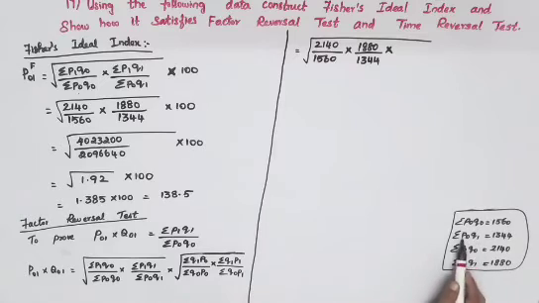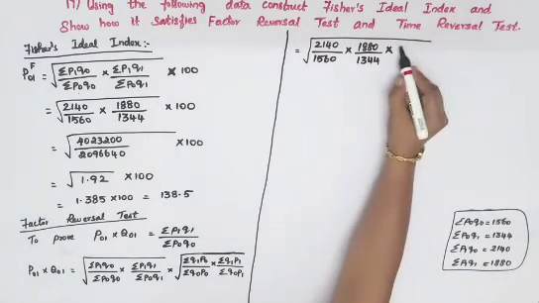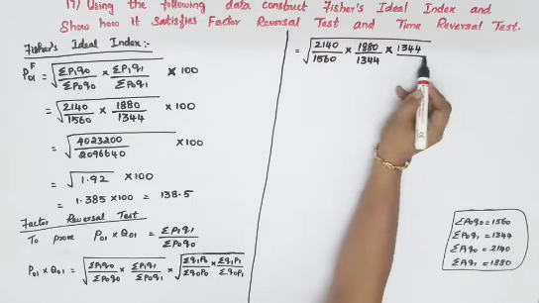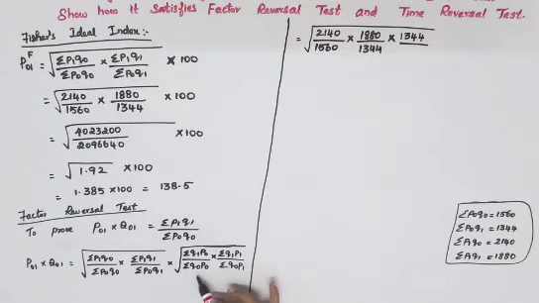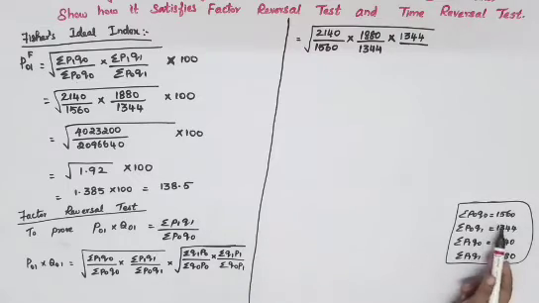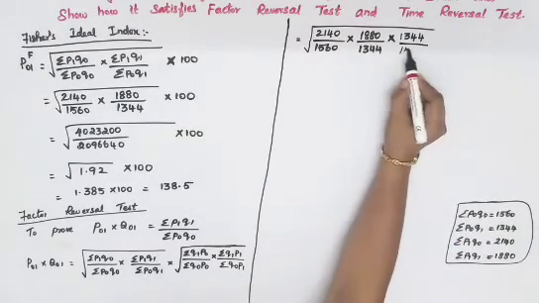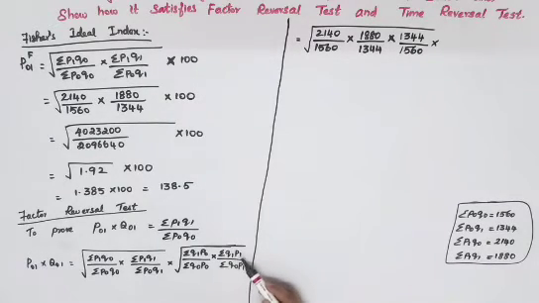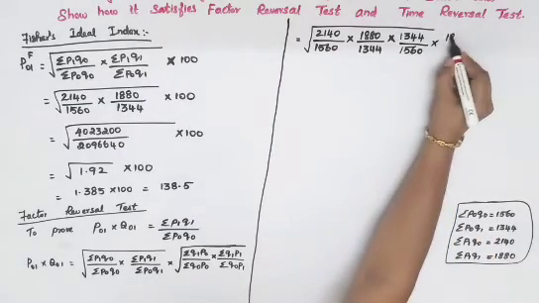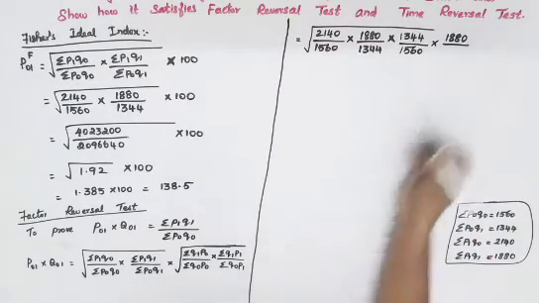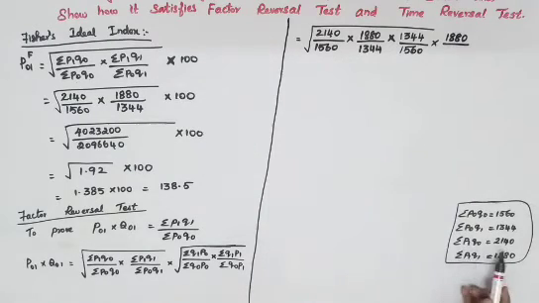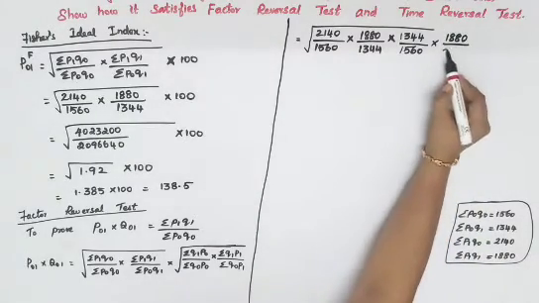Q1 P0 is here, 1344, divided by sigma Q0 P0, that is 1560, into sigma Q1 P1, that is 1880, divided by sigma Q0 P1. Sigma Q0 P1 is 2140.